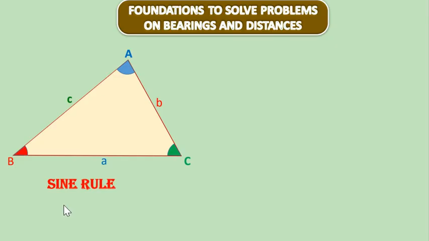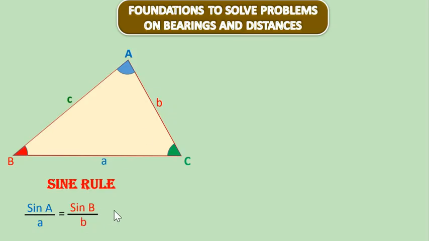And what is the statement or the formula for the sine rule? It says the sine of angle A divided by the side opposite it, small a, will be equal to the sine of angle B divided by the side opposite it, small b.